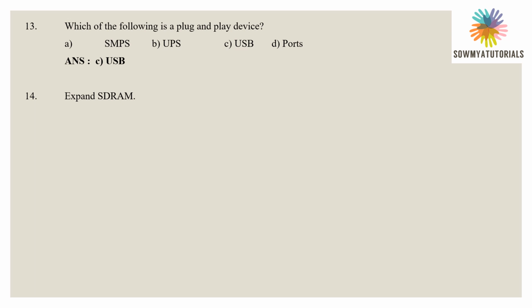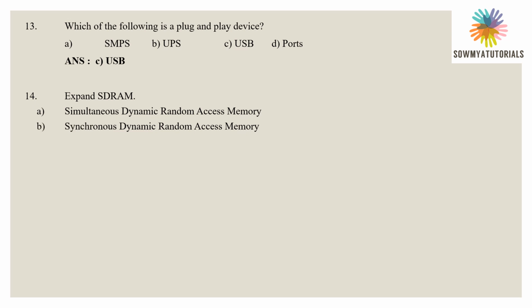Then question number 14, expand SDRAM. Options are simultaneous dynamic random access memory, option B synchronous dynamic random access memory, option C synchronous double random access memory, option D none of these. So which one is the correct option? SDRAM is synchronous dynamic random access memory.